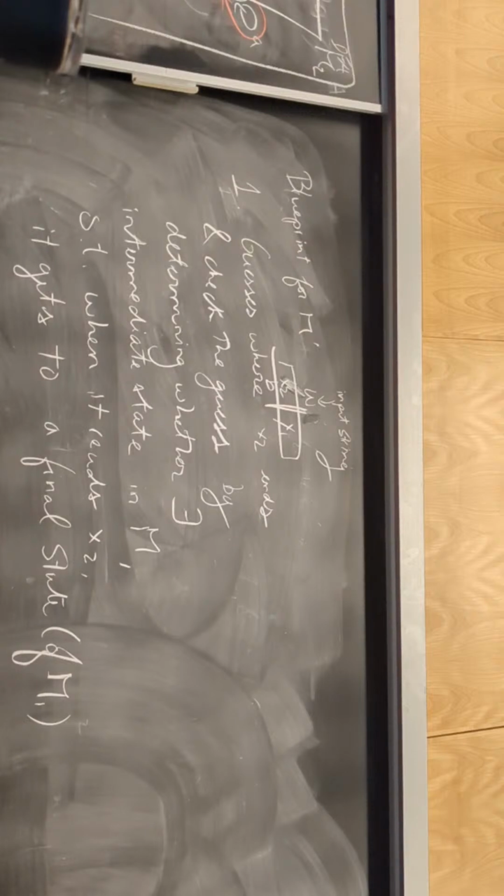So what M prime needs to do is it needs to say, okay, imagine the first part of the string was AB. Then it gets to this state, and suppose that was my guess, then I have to check that I can get to this accept state. M prime a priori has no idea about M1.